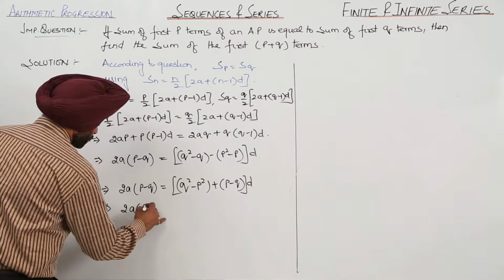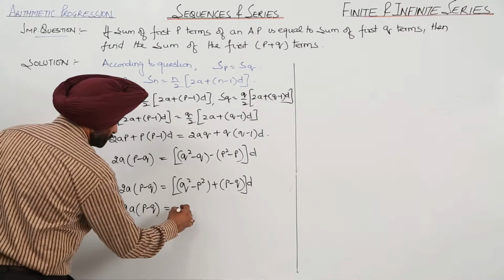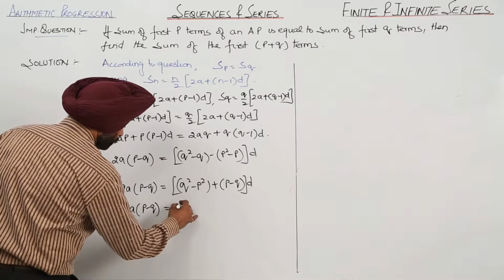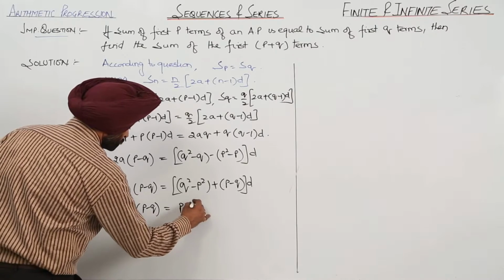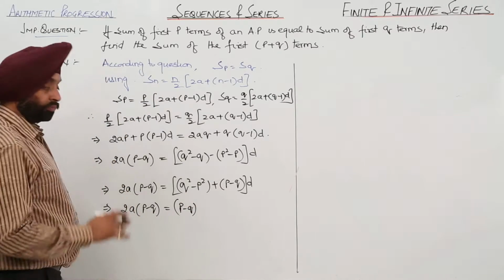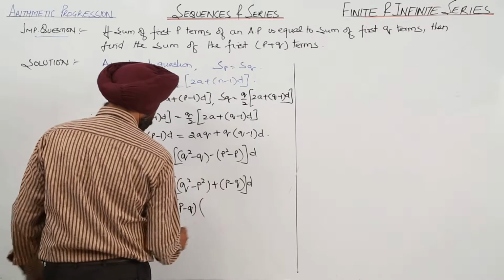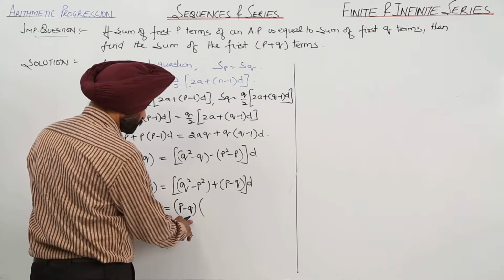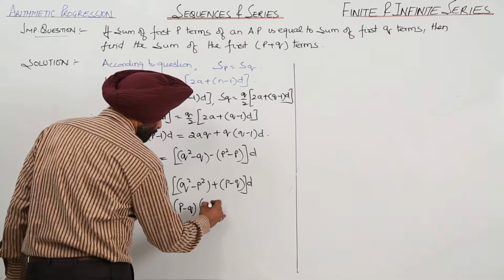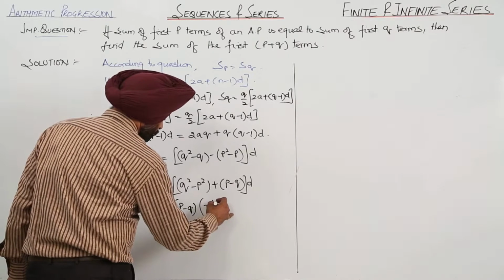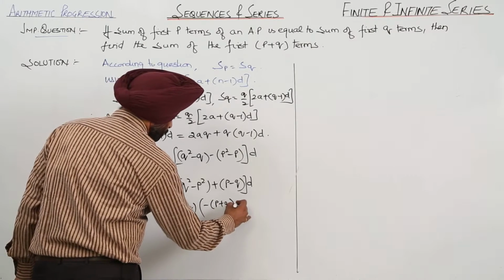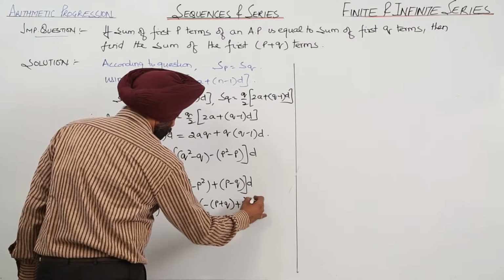2a(p minus q) is equal to, now if we are taking p minus q common from both the things, what are we left with? We are left with negative of (p plus q) plus 1, with d.